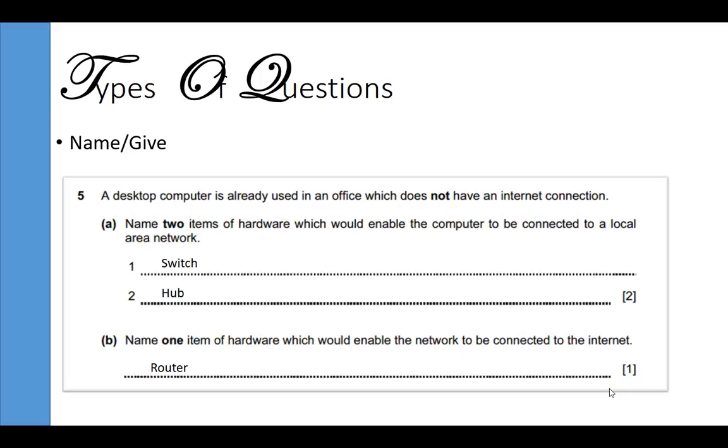You're going to just put a name, and this type of question is similar to things like give 2 items or list 2 items of hardware. They are similar questions that you expect to find. It's just the command word that is different, but the implication may be the same. So that is on this type of question.